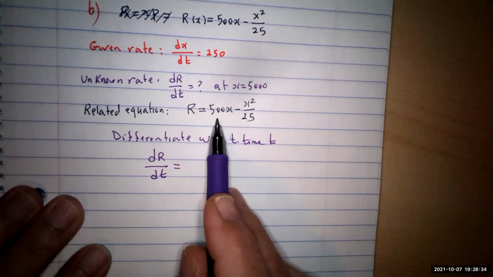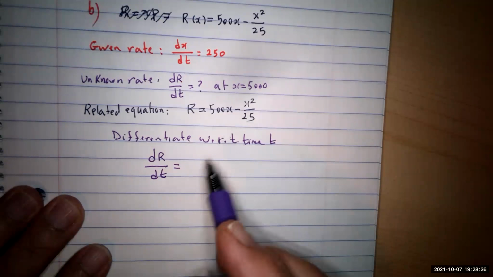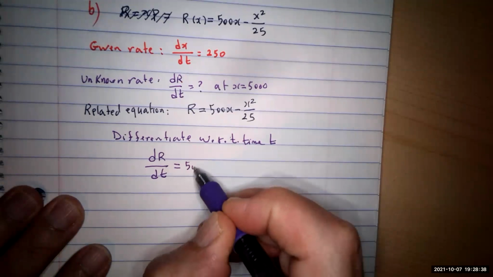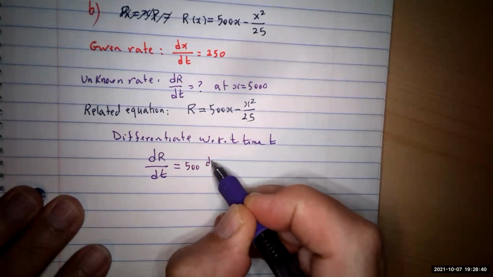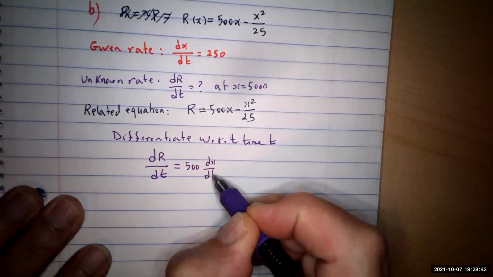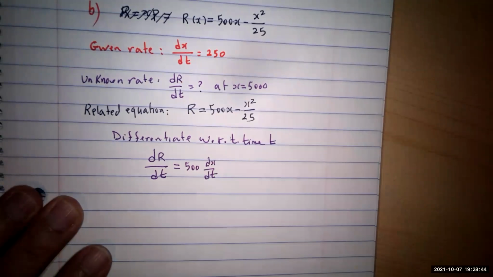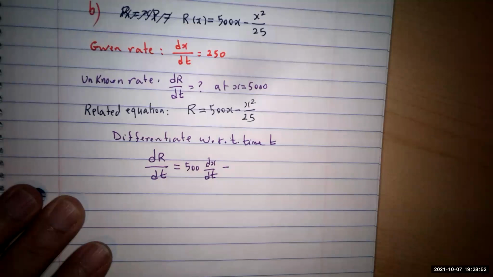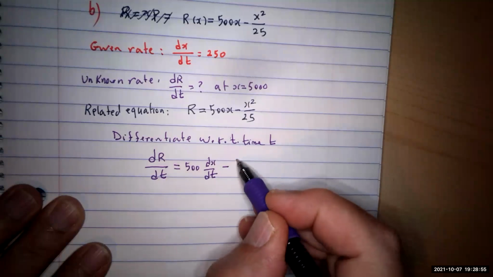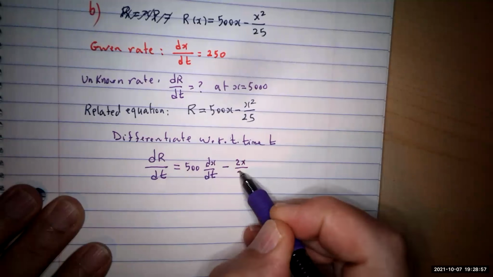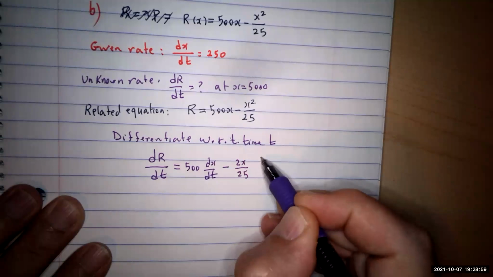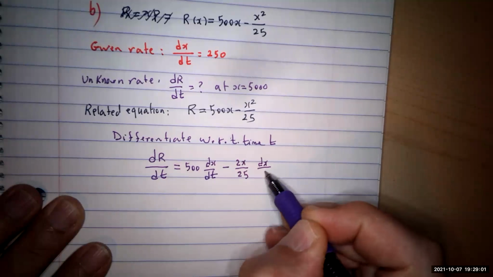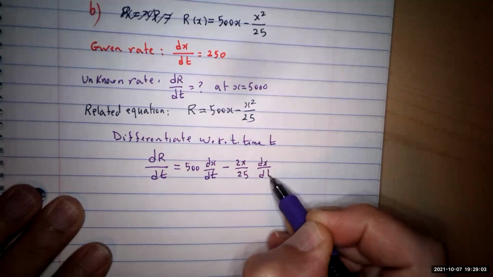When you differentiate, the derivative of 500X is 500. But remember, you have to multiply by the rate of X, dx dt. There is a u prime all the time. Minus, you differentiate this one: the derivative of X squared is 2X, so it's 2X over 25. But again, you have to multiply by the rate of X with respect to t.